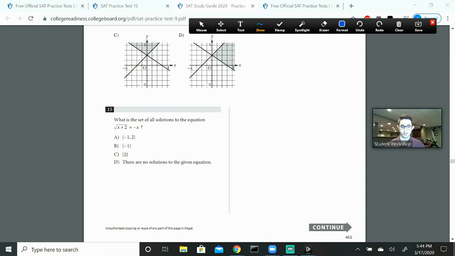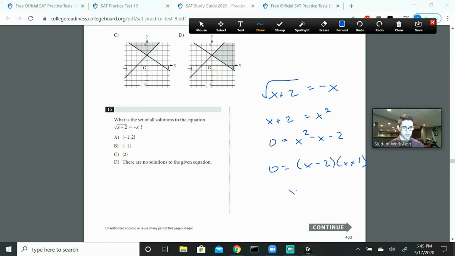If we were to solve this algebraically, x plus 2 equals negative x, square both sides, x plus 2 equals x squared, move it over, set it equal to 0, we would get (x minus 2)(x plus 1), so x equals 2, negative 1. And then you could look for outliers, right? You could plug it back in and check to see if one of them doesn't work. But technically, the square root of 4 does equal plus or minus 2. But the answer to this one is just negative 1.